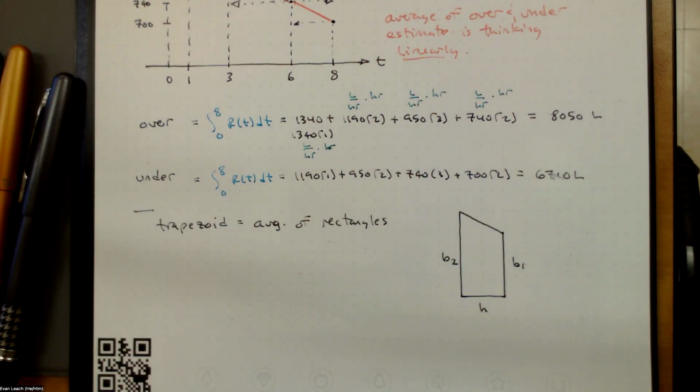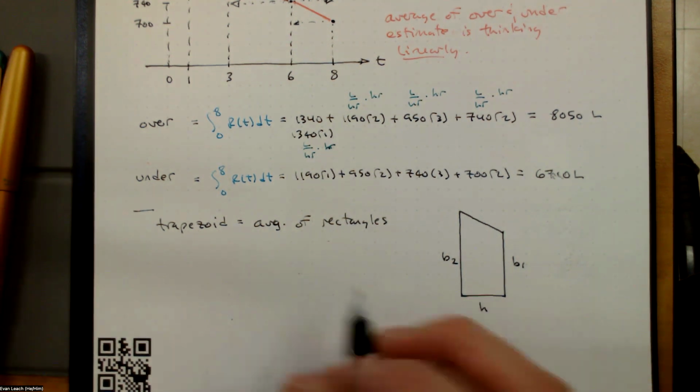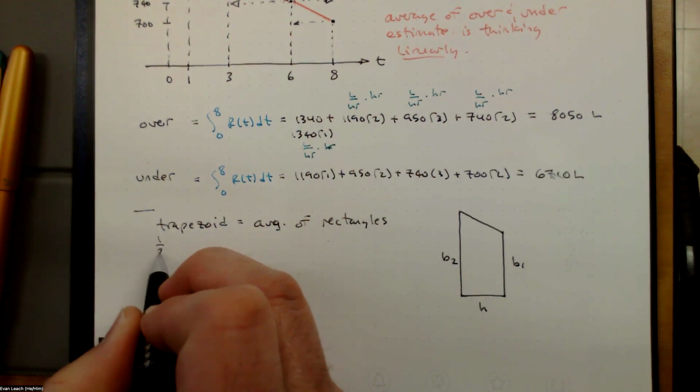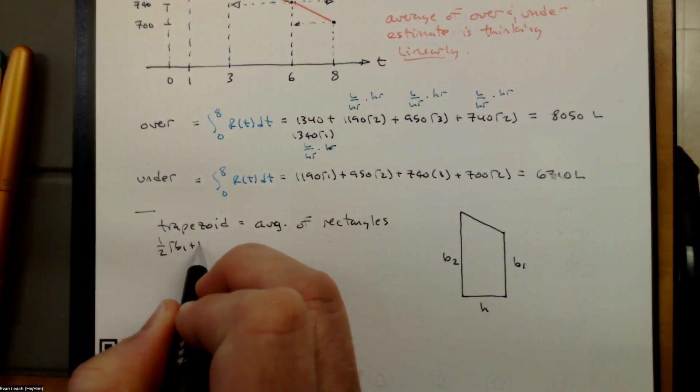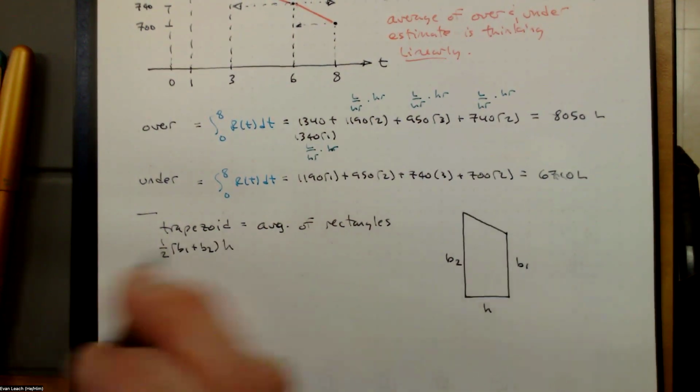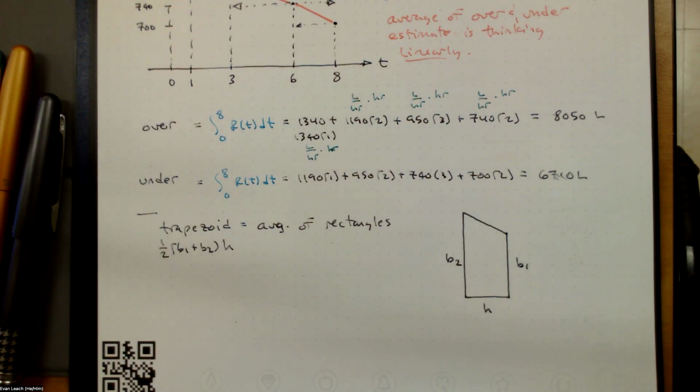The dimensions in a trapezoid are two bases and a height. The area of a trapezoid is 1/2 (B1 plus B2) times H. The 1/2 (B1 plus B2) is the average of the two bases, and then H is the height.